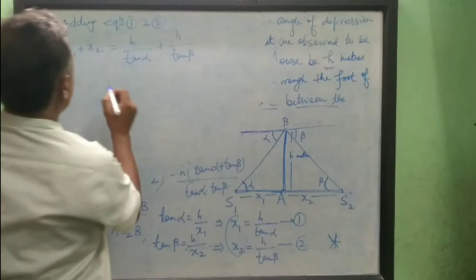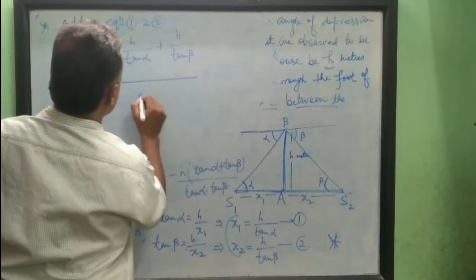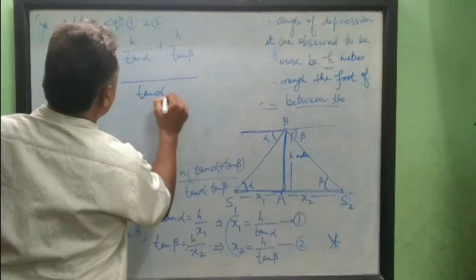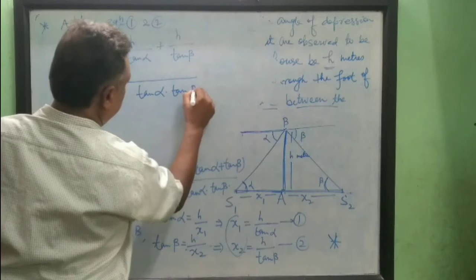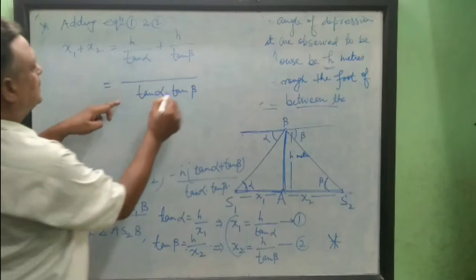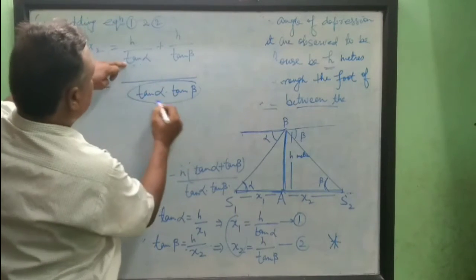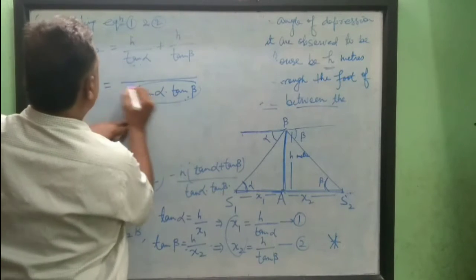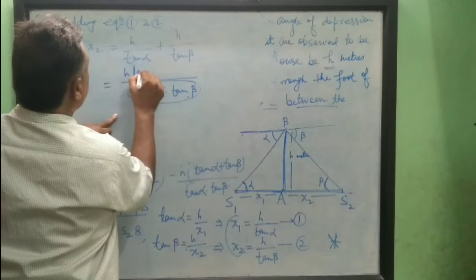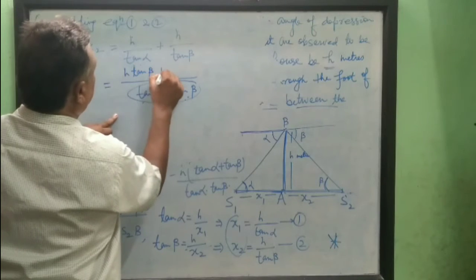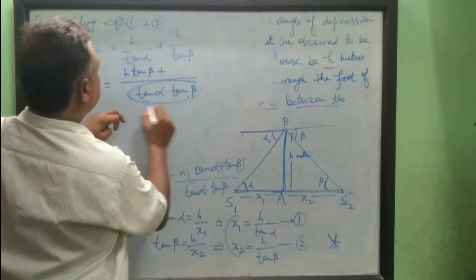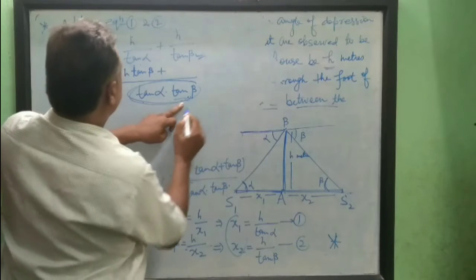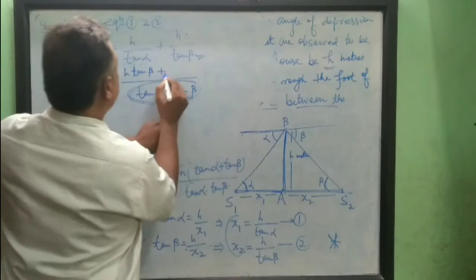Take LCM. LCM is tan alpha into tan beta. Divide this whole by tan alpha. This will be cancelled. So this will be multiplied by h. So h into tan beta, plus again divide this by tan beta. This is cancelled. So this is multiplied by h.